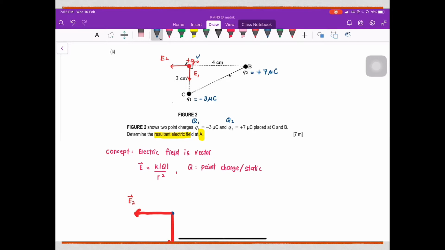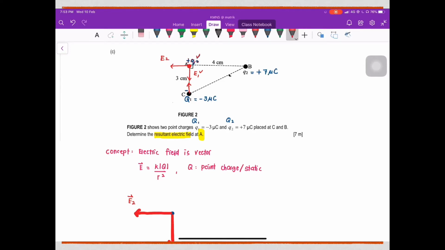Let's see. This is positive Q0 and this is negative Q1. So what happened? The arrows should attract each other, so draw. Then we need to label E on Q0, so that's why we label as E1, the direction on Q0.